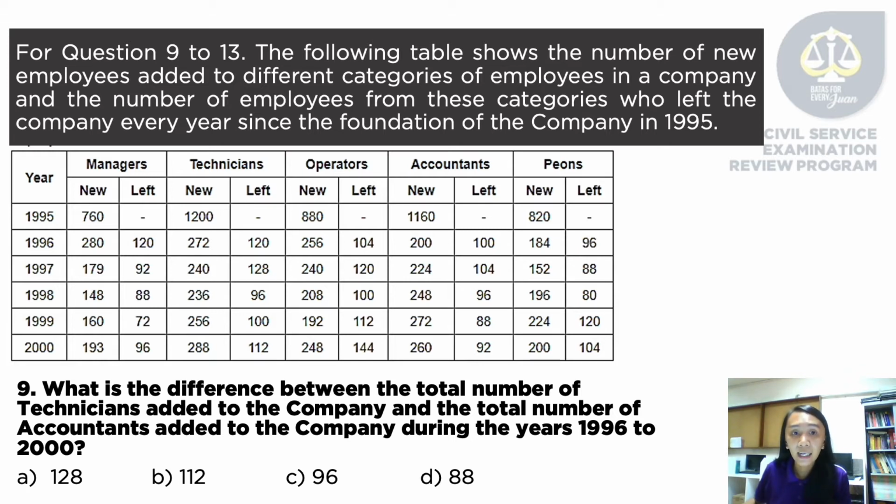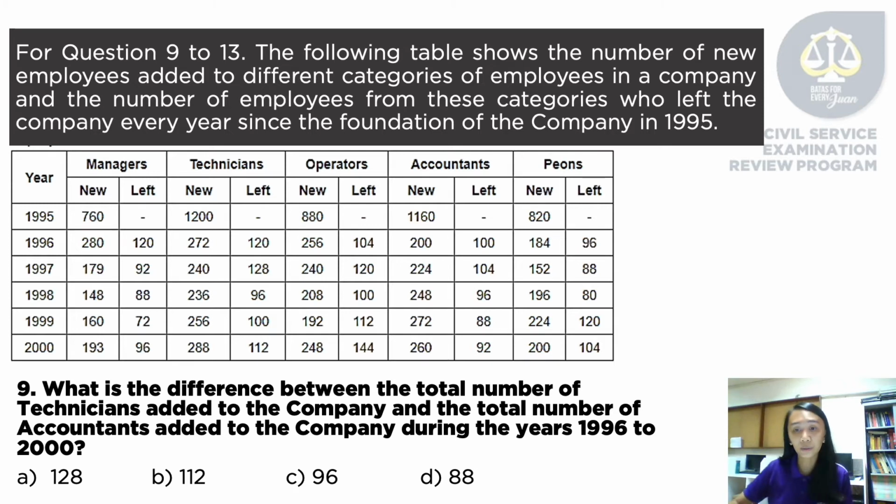Tapos sa ating accountants, magsimula tayo sa 200 hanggang sa 260. Okay, madali lang siyang sagutin. Ipag-add mo lang po itong lahat. Okay, and then i-add din po natin itong lahat. Pag nakuha natin yung sum nung both, okay, type of employees, we will just subtract. Okay, so because we are just looking for the difference.